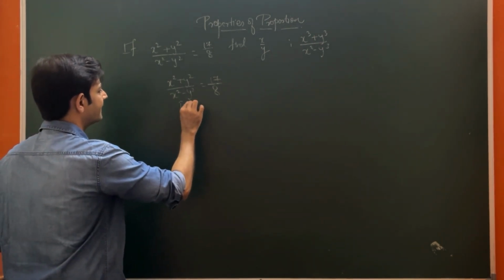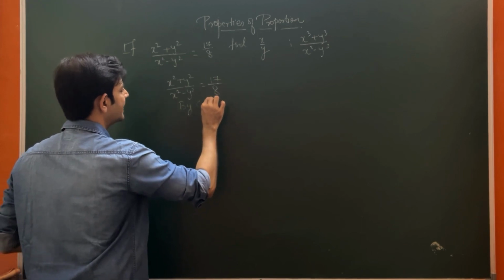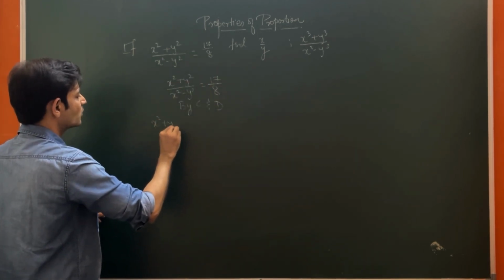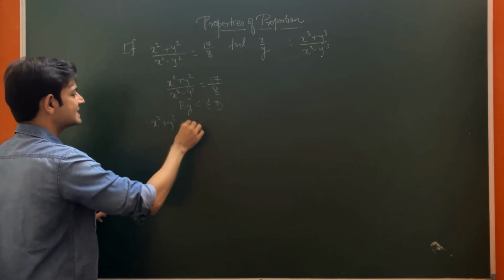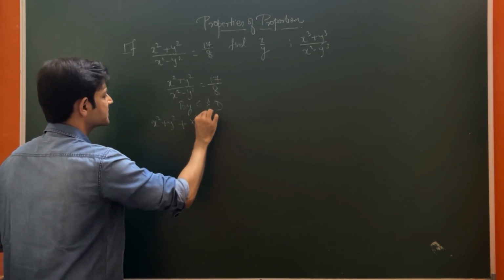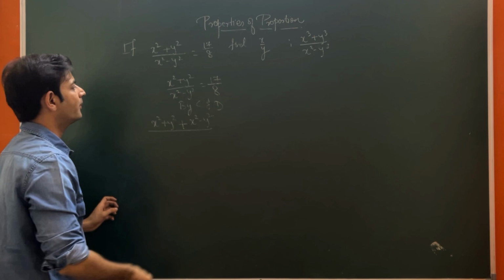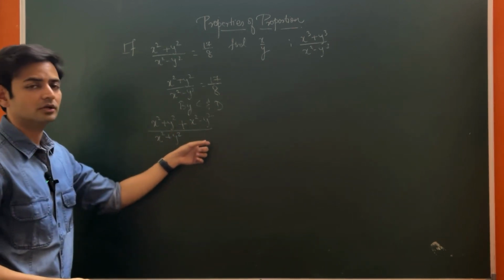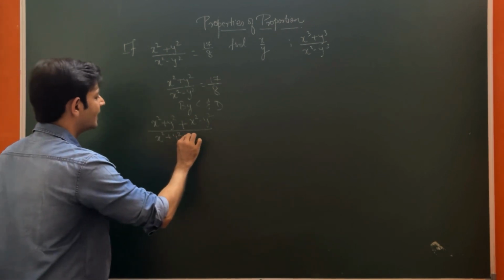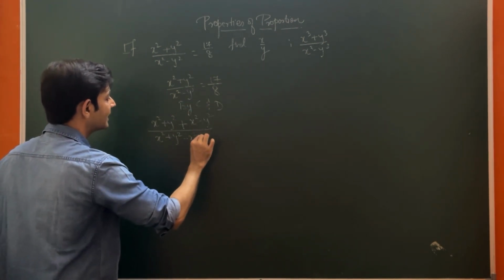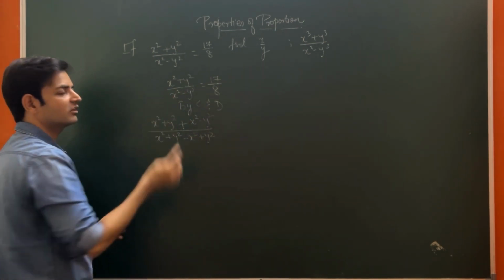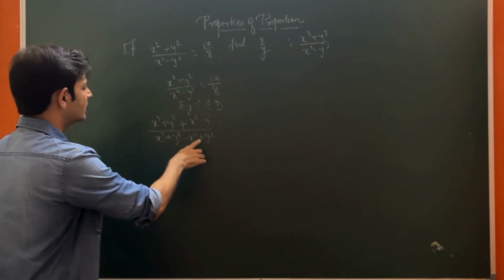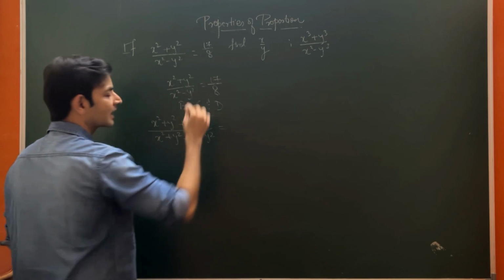So by componendo and dividendo we get (x²+y²+x²-y²)/(x²+y²-(x²-y²)). Now in here we have to subtract it, so the sign of minus will change, because we are subtracting it, so it will become plus y².